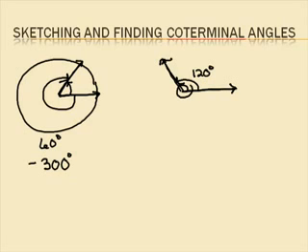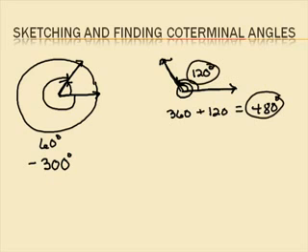Let's go all the way around the circle and then back up. So those two angles started and ended in the same place. The first one was 120 degrees. The other one, we went all the way around the circle, plus another 120 degrees. So we're at 480 degrees. So 480 and 120 are not angles with the same measure, but they are coterminal.